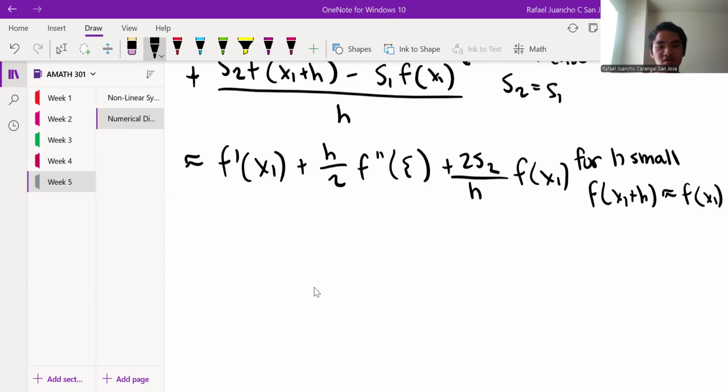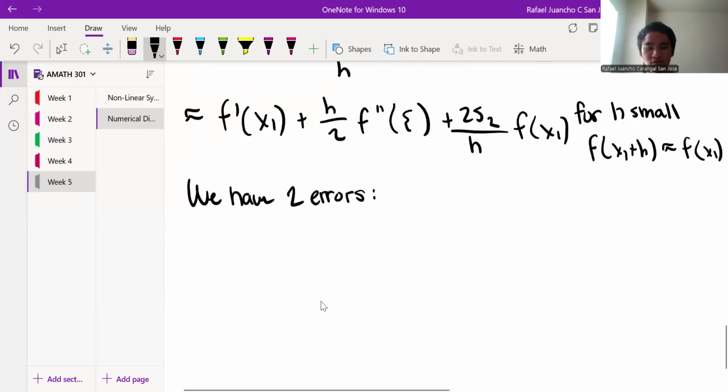And from here we have 2 errors. So one is from not taking the limit, and then we have a rounding error where s sub 2 over h. Okay, let me see. Oh yeah, so those are the 2 errors, right? So mainly the 2 errors are not taking the limit.